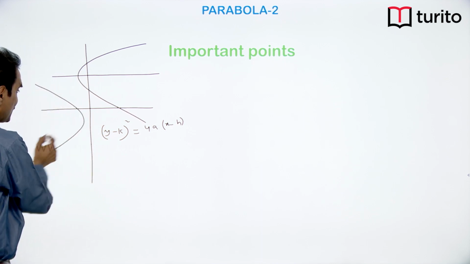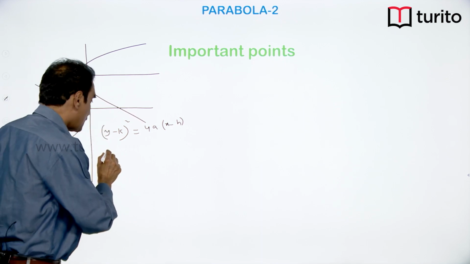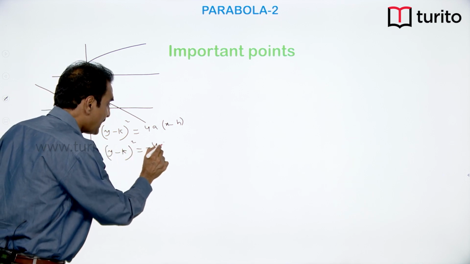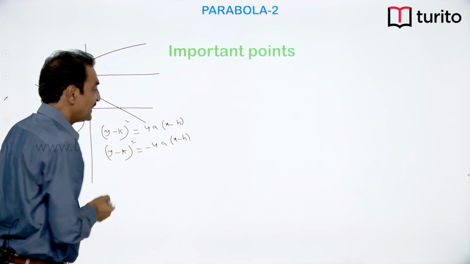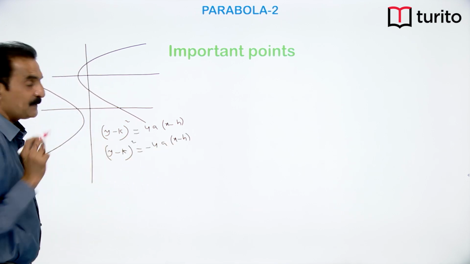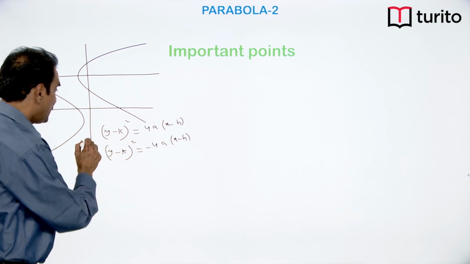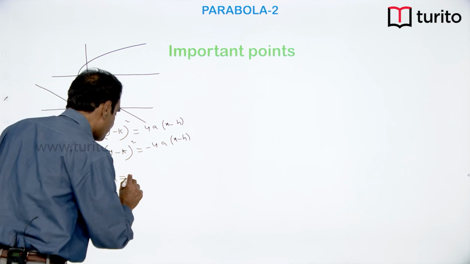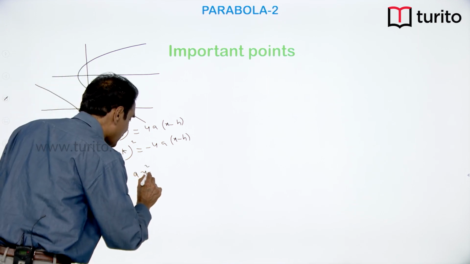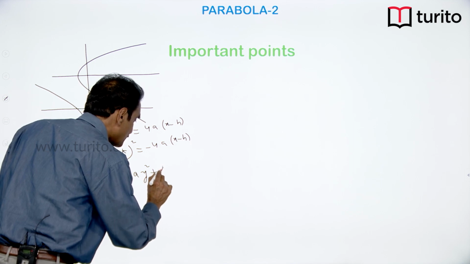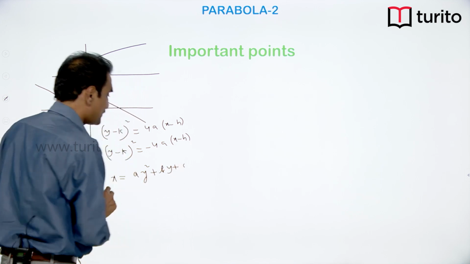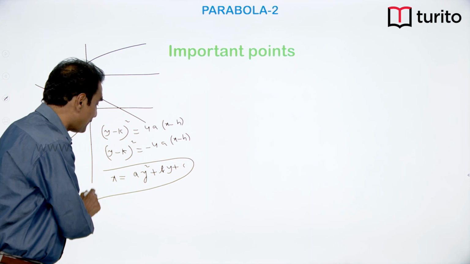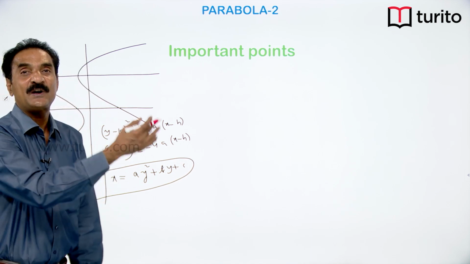If the axis is towards left, the equation of the parabola is (y minus k) whole square is equal to minus 4a into (x minus h). If you simplify this equation, you will get the simplified equation in the form of x is equal to some constant into y square plus some constant into y plus some constant. This a is different, this a is different. Okay. So, we will get the simplified equation in this form, x is equal to a quadratic function of y.